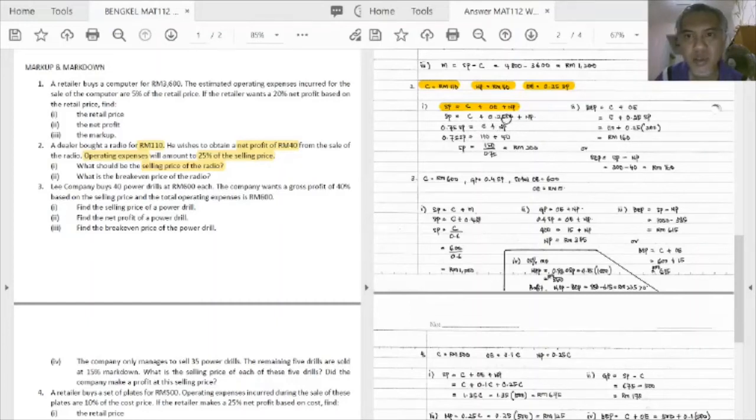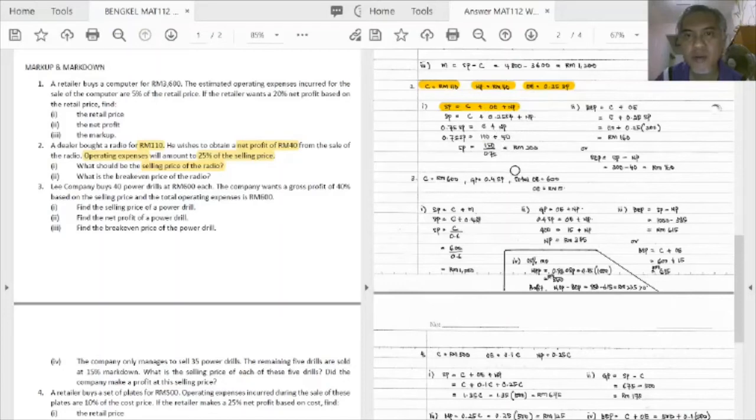In this case, you can combine the 0.25 SP with the SP on the left side. So bring the 0.25 SP to the left side. You have 1 SP minus 0.25 SP, which turns out to be 0.75 SP. Then you have C plus NP on the right-hand side. You know that C is equal to 110, and NP, or net profit, is equal to 40.